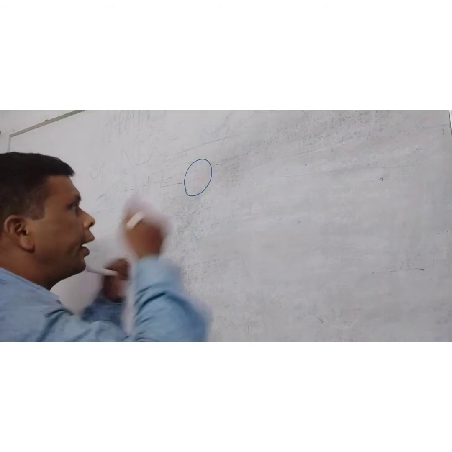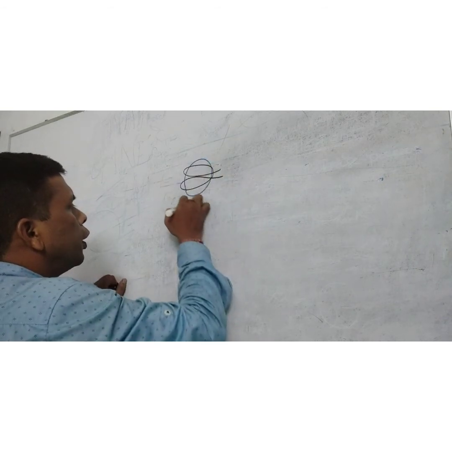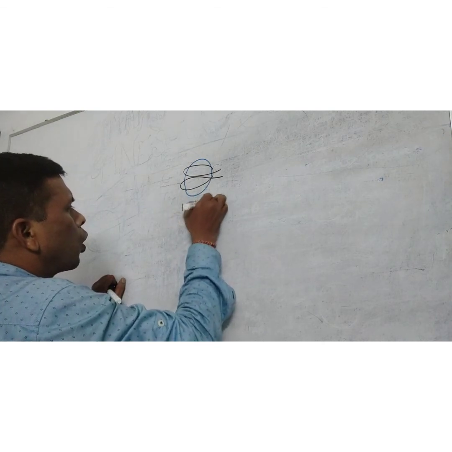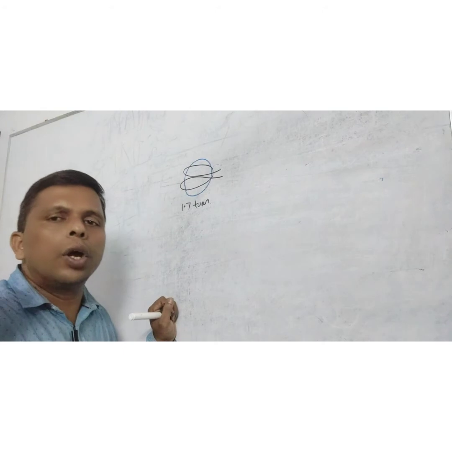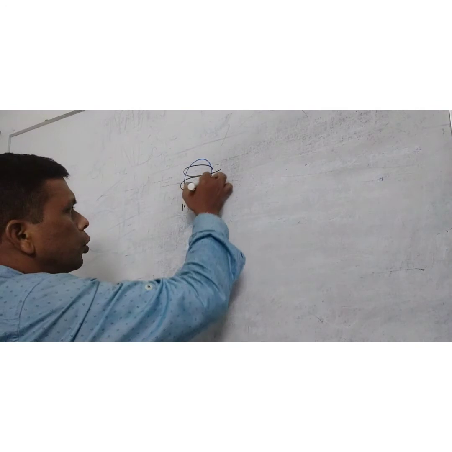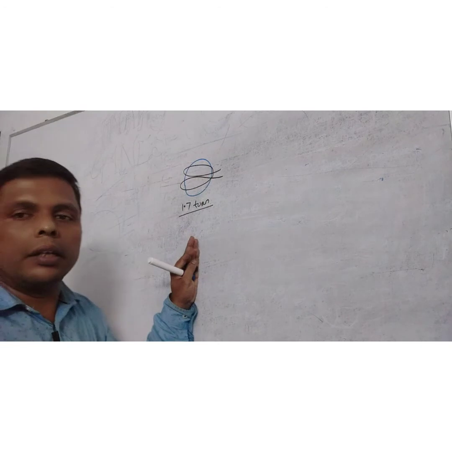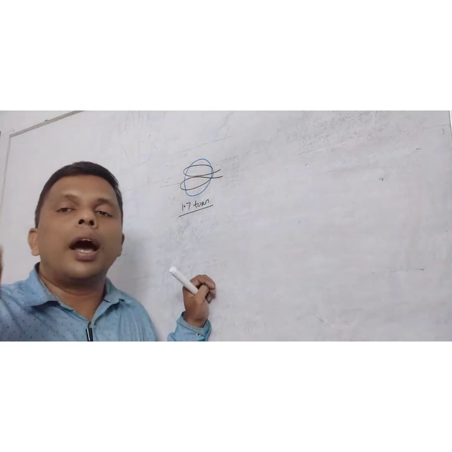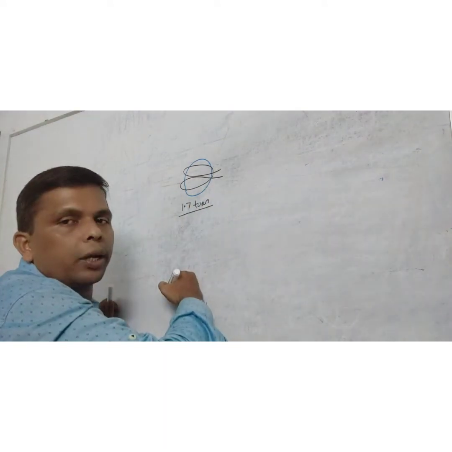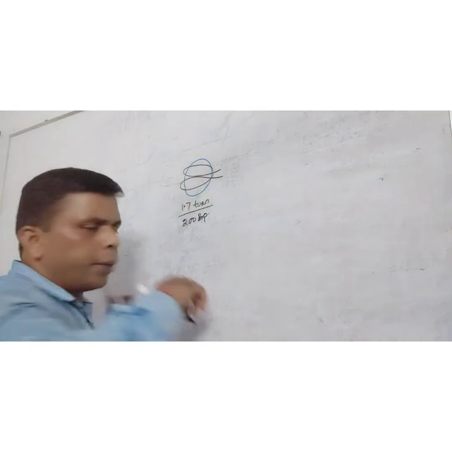The DNA wrapped around it produces 1.7 turns or 1.7 coiling around the histone. This part of DNA coiled around the histone is 1.7 turns and consists of approximately 200 base pairs.